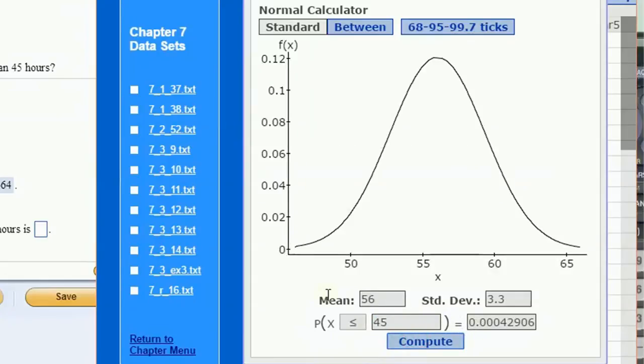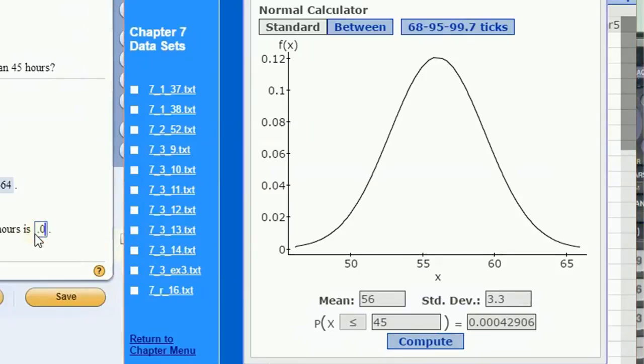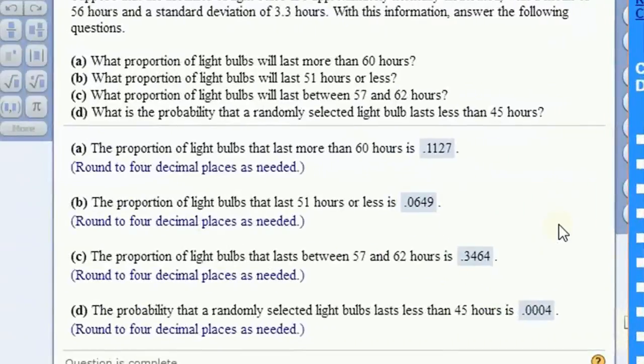The probability and the proportion really are saying the same thing. You can see this is 0.0004. That's 0.04%. Very few light bulbs. Okay, so that's how we calculate normal probabilities. Very, very easy. No need to deal with horrible tables.